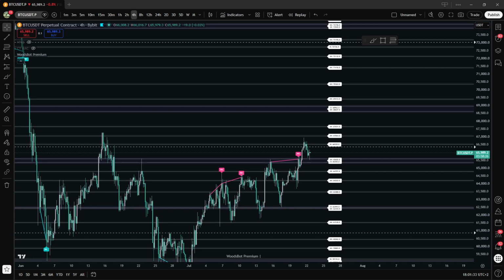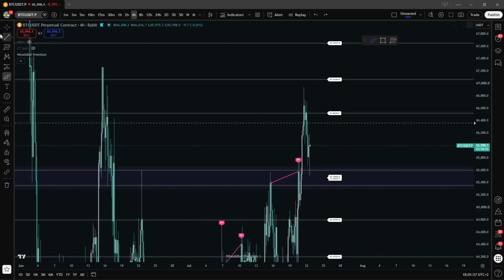So let's have a look at the Woodsbot indicator. If you guys didn't know, in the Woodsbot premium indicator, obviously you get the confluence zones, you get the support and resistance levels on the indicator, right? You can see how price action closed above the confluence zone, retested it, and now it's bouncing again.